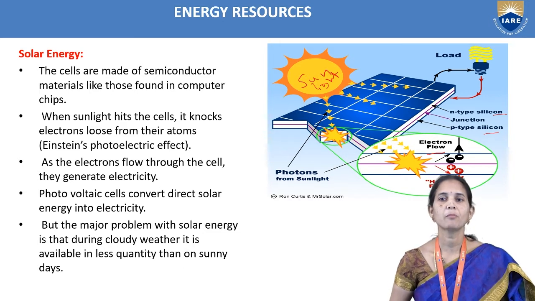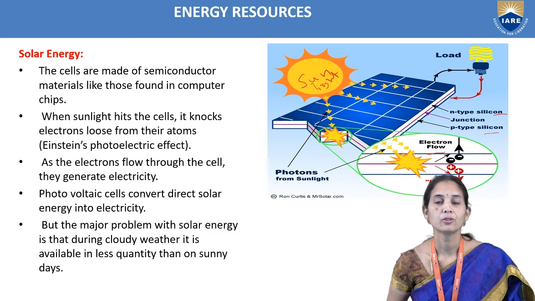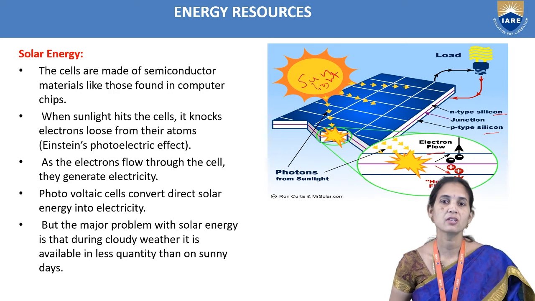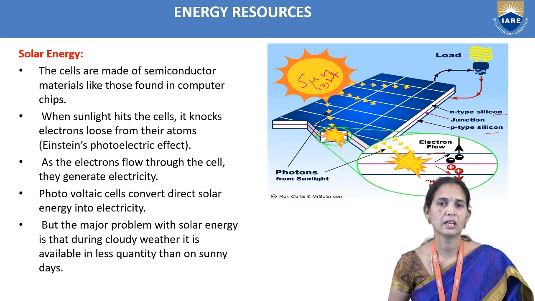But the major problem with solar energy is that during cloudy weather it is available in less quantity than on sunny days. On sunny days we get more electricity production, but on cloudy days we do not get that much.